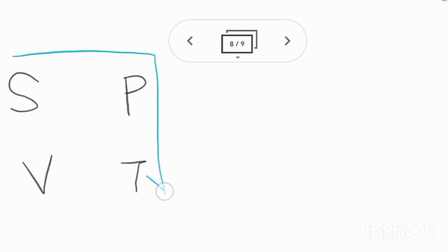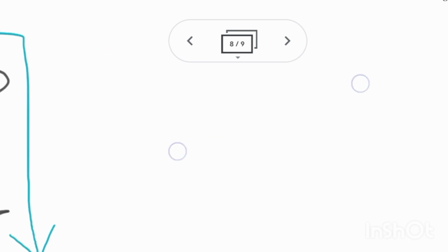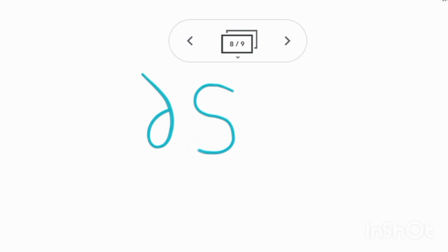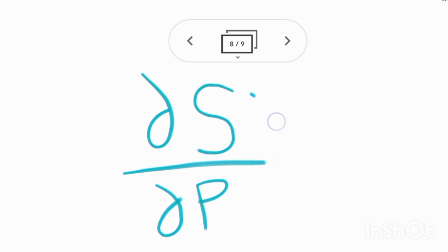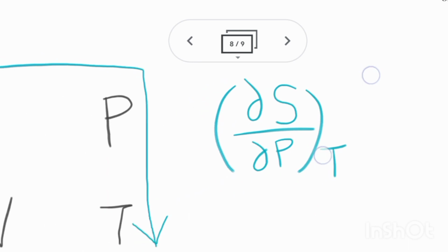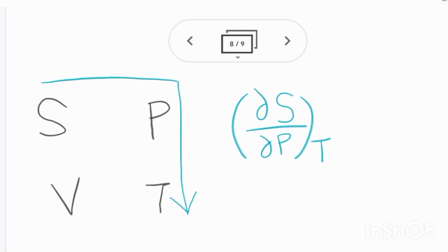Put an arrow from where you are going. That is very important. Now you have S as the initial one and T as the final one, right? So you write ∂S/∂P at constant T. Now you can see that my initial one is in a downward position relative to the final one, so it indicates, like the Cartesian thing, it's negative, so we put a negative sign here.